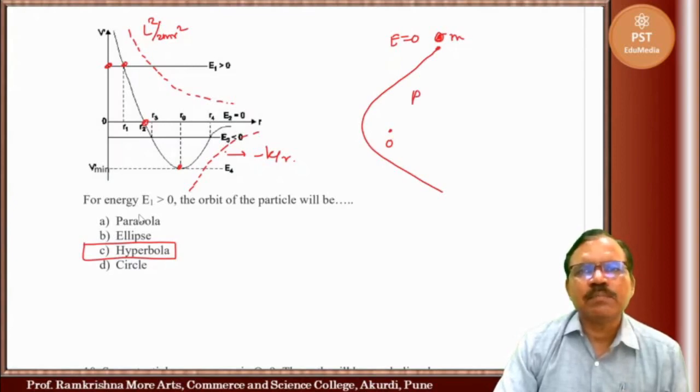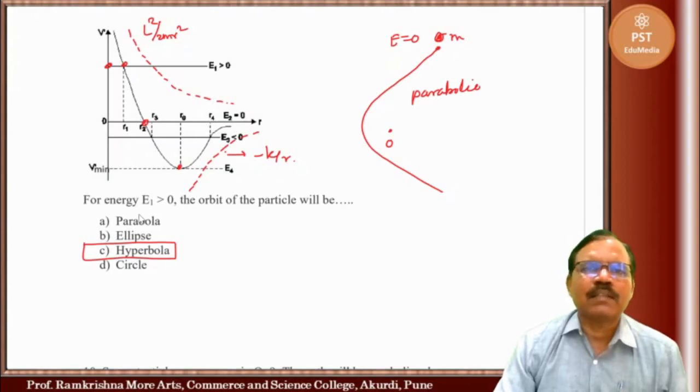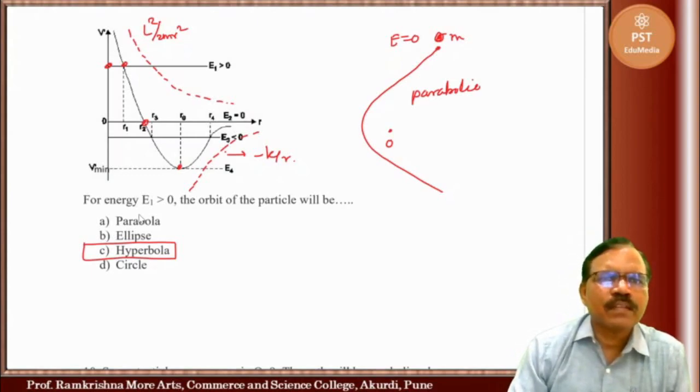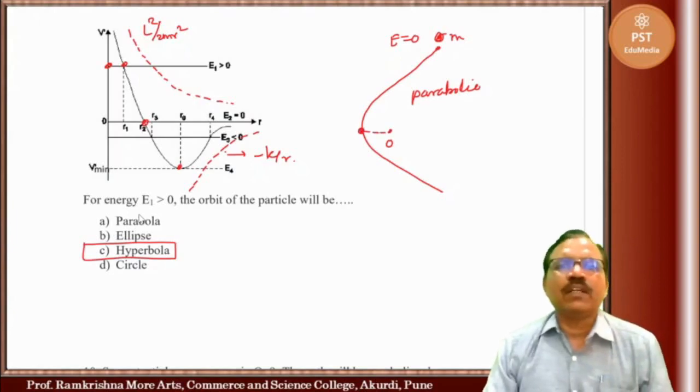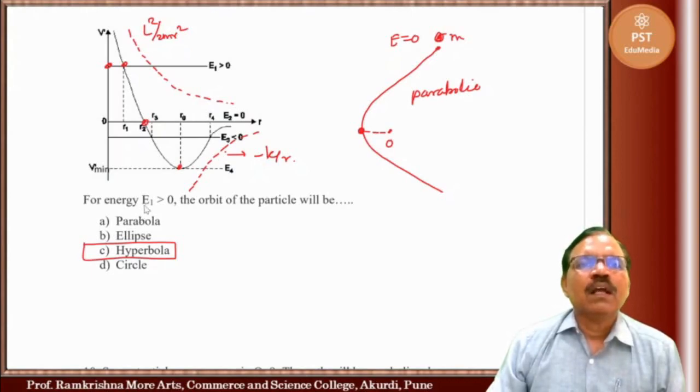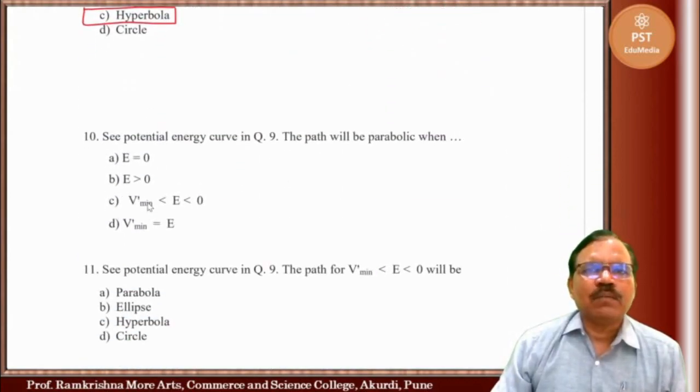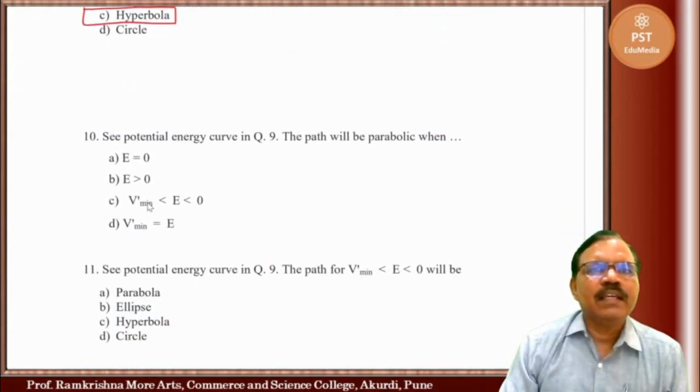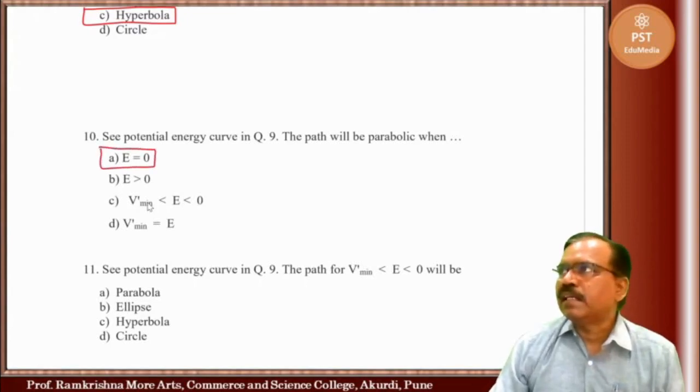This motion is parabolic motion, a parabolic path. It has only one closest point. So motion is parabolic when E is equal to 0, the energy of the particle is equal to 0.